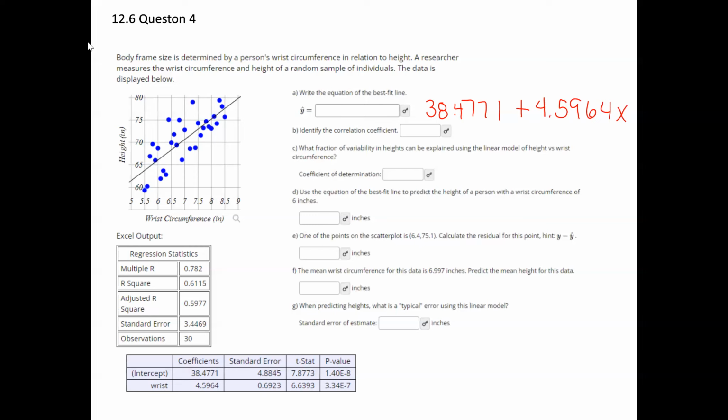What is the correlation coefficient? Well, r squared is 0.6115. So the correlation coefficient r is the square root of that.